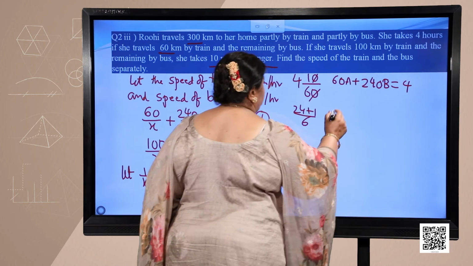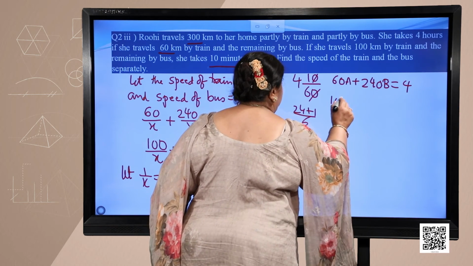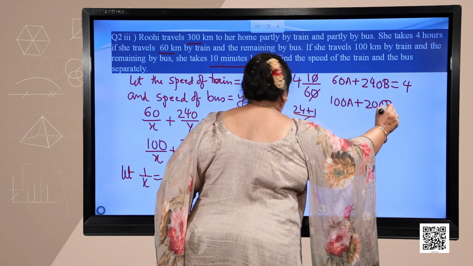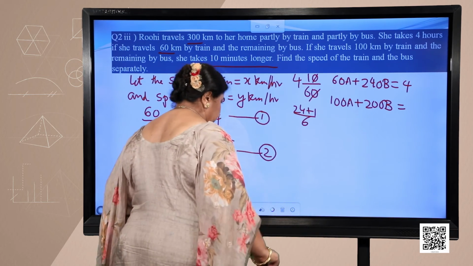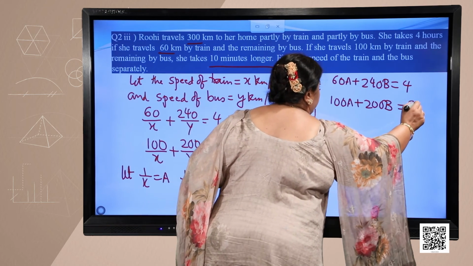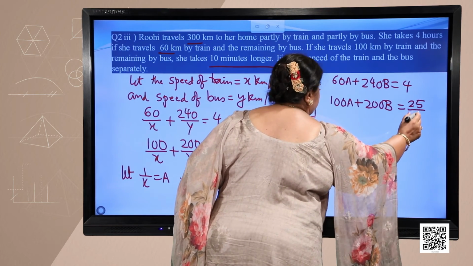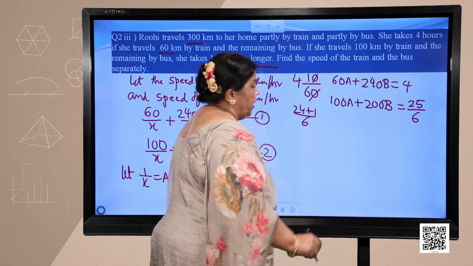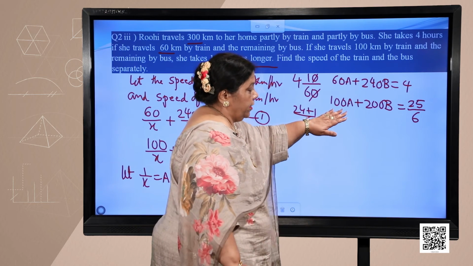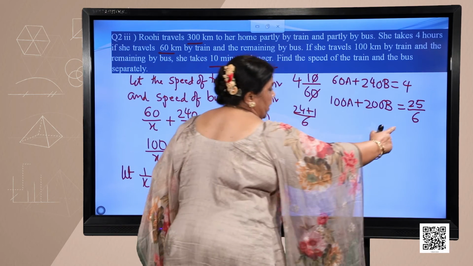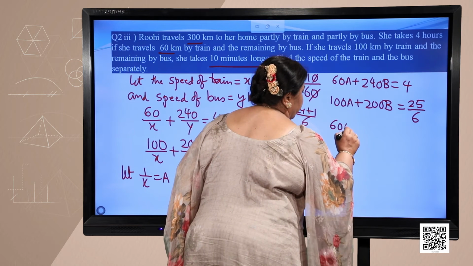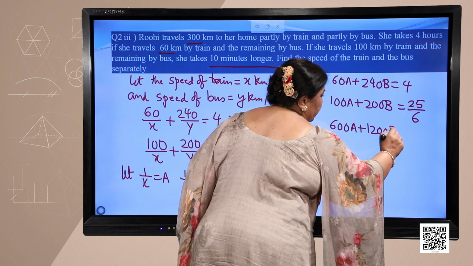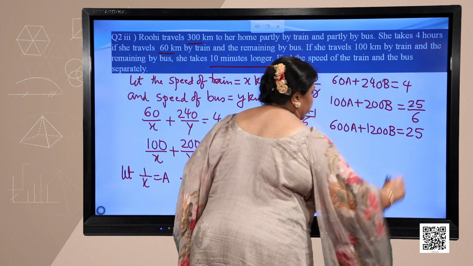Likewise, second equation, I will have 100a plus 200b is equal to 25 by 6. All right. Now, if I reduce it to lower terms, if I multiply this by 6, I get 600a plus 1200b is equal to 25.